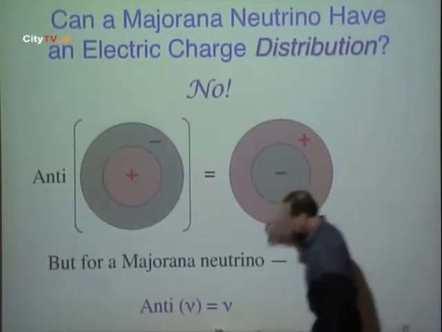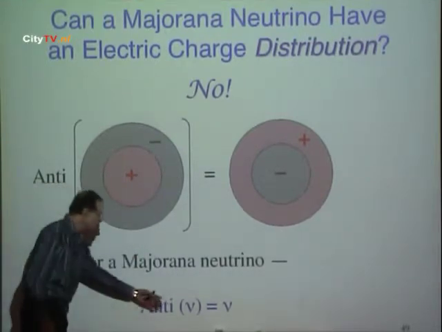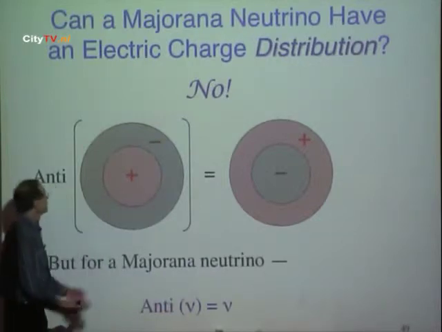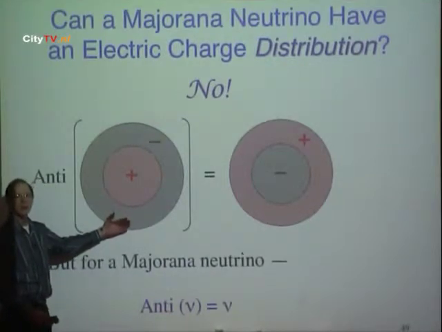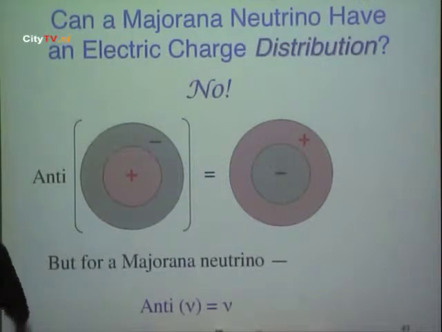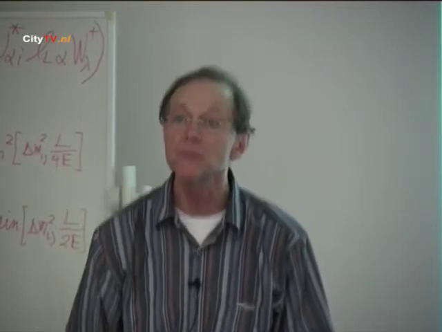Well, this thing is obviously different from that thing, but the antineutrino in the Majorana case is the same as the neutrino. So a Majorana neutrino can't look like that. There is a more mathematical way of proving the same thing, but this is essentially the point. A Majorana neutrino not only is overall electrically neutral, it's very electrically neutral. It hasn't got any charge distribution inside either.